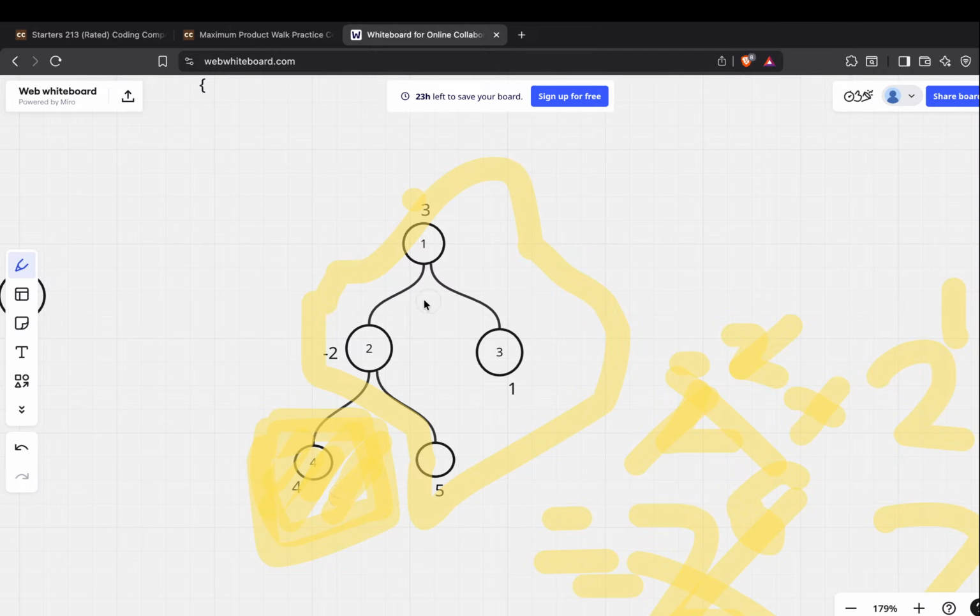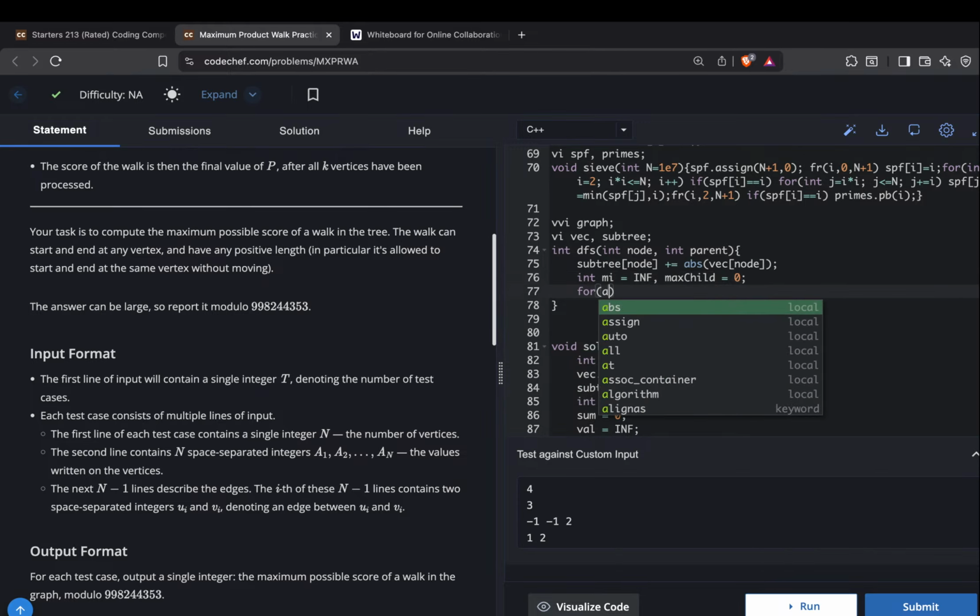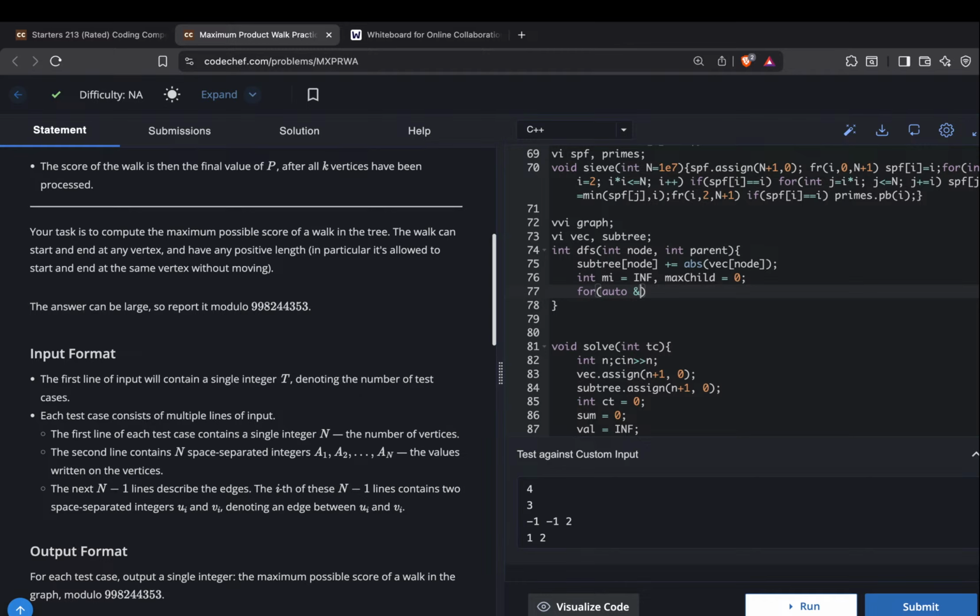Edge case would be this particular node is itself a child of 2. So keep that in mind as well while implementing. So max child is 0 now. Iterate over all the neighbors.